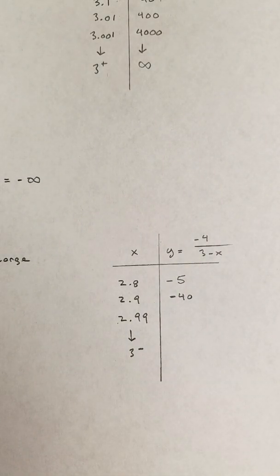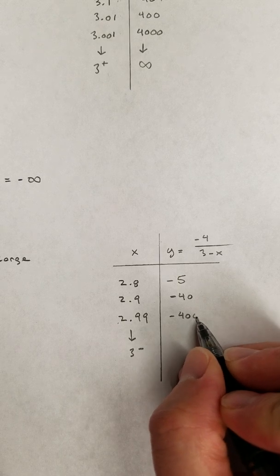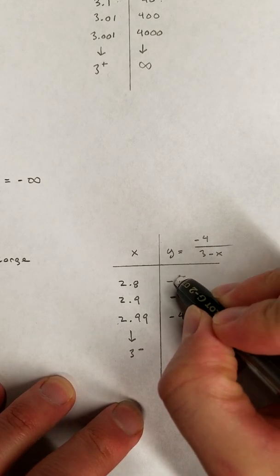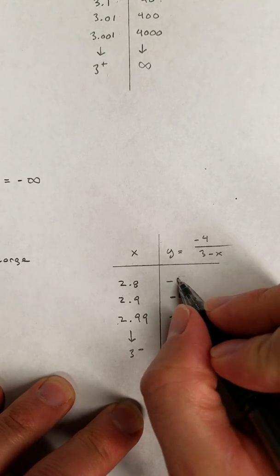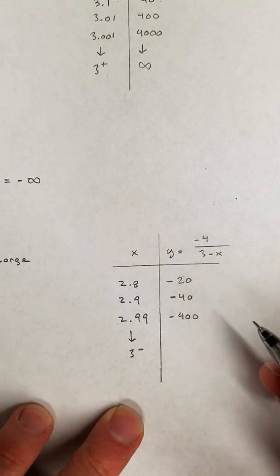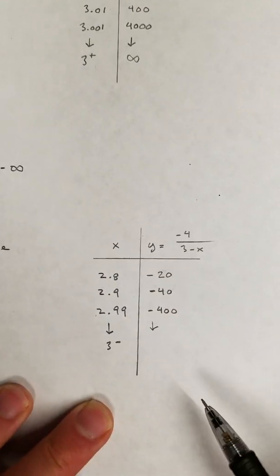Okay, and then -4 divided by 3 minus 2.99. And that turns out to be -400. Wait a second, I must have hit a wrong button or something. Okay, so excuse that. -20, -40, -400. So yes, very large negative numbers.